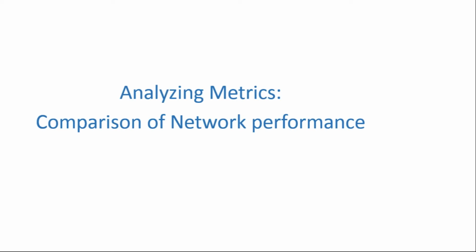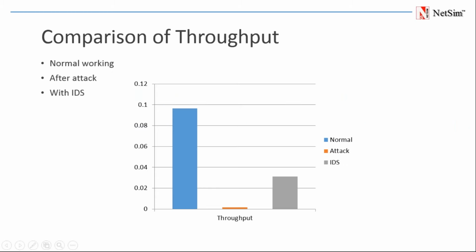Now we have a comparison of metrics, network performance. In the throughput comparison, when we have normal working, we have some values of throughput. But if we have any attack, sinkhole or any other attack, our throughput is almost zero. But if we implement an intrusion detection system, we get some values.